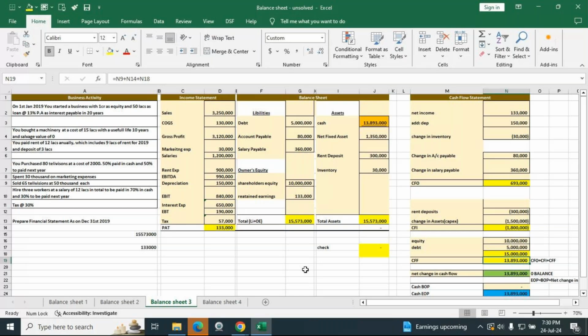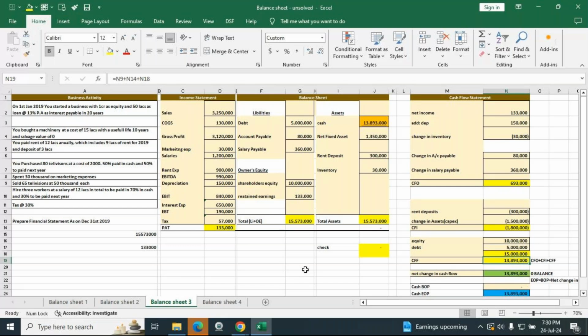If you did not understand, tomorrow I'll explain. Why? Because when we are solving the 5 case studies, it will be based on this format only. Generally we are taking some simple data and solving this financial statement. So if you get some idea over here, it will be easy for you to solve those. That's why, try to do it.